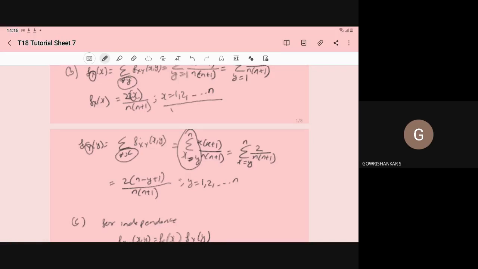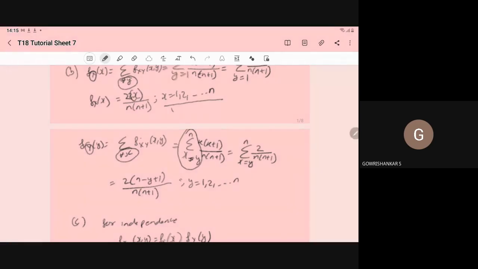So what is the benefit? Here we are taking the sum of 1 for n times minus (y minus 1) times. So it will give you 2 into (n minus y plus 1) upon n into (n plus 1) for y equal to 1 to n.